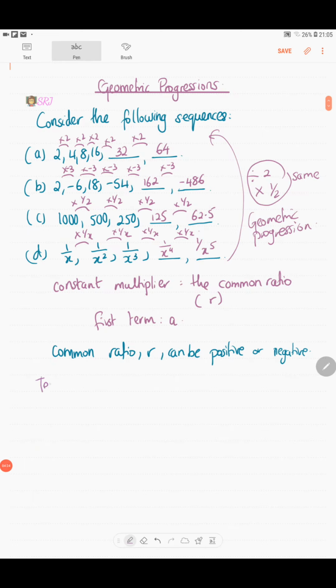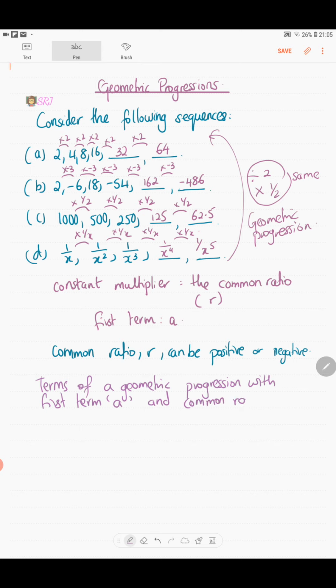Now let's consider the terms of a geometric progression with first term A and common ratio R. So the first term, which can be written as U1, is equal to A. The second term U2 is equal to, so if we have first term A and the common ratio is 2, the next term is 2 times 2, we get 4.